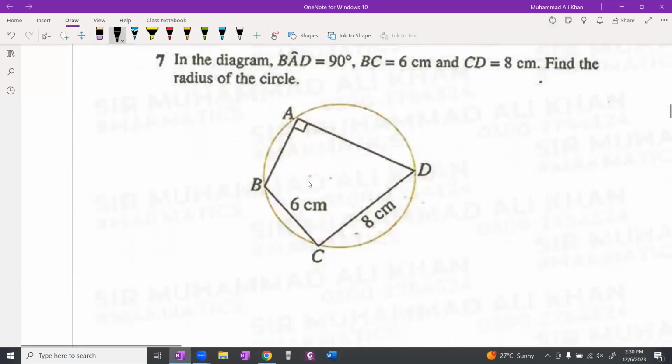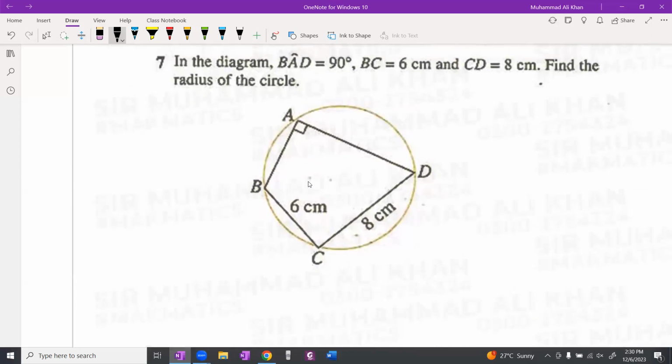आगे आई. Question number 7. In the diagram, BAD is 90. Find the radius of the circle. We have to calculate the radius of the circle. Let's say this is the radius of the circle. अगर हम इसको extend कर दें, तो it is a diameter.